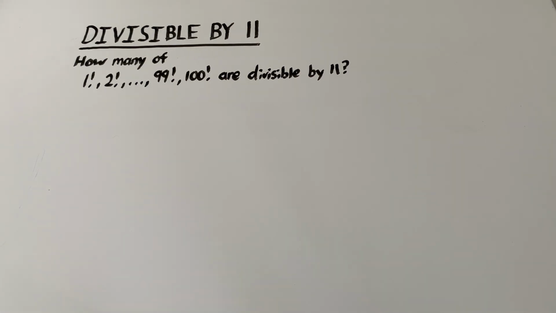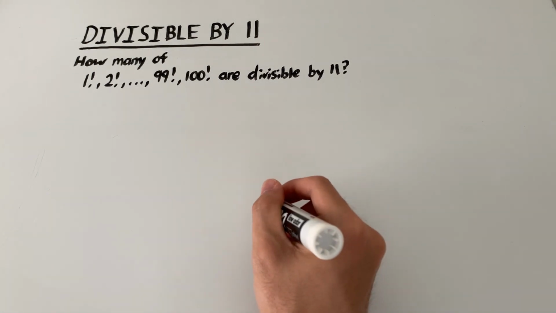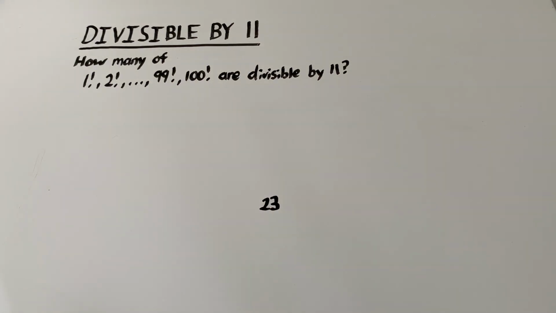Let's say we have the number 23. Is 23 divisible by 11? Now you can get out your calculator or you can do it by hand, but you'll get the same answer regardless, and you'll find that 23 is not divisible by 11.